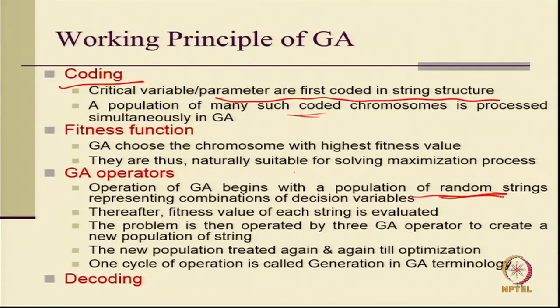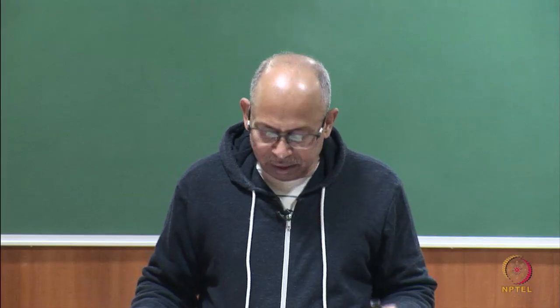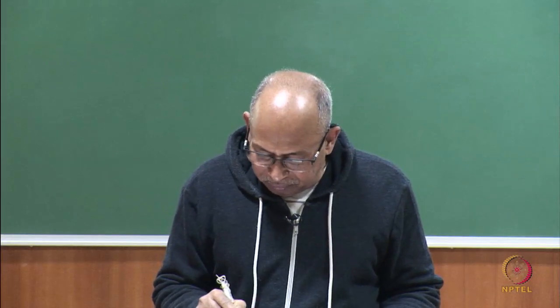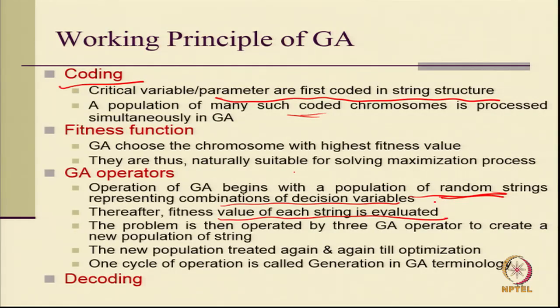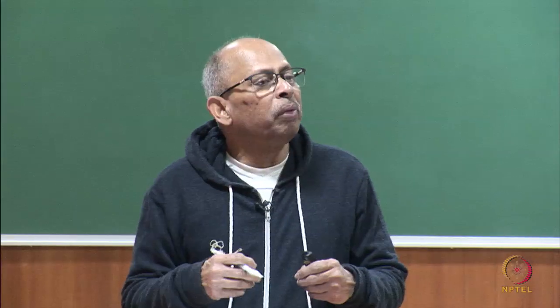So GA begins with a population of random strings representing combinations of decision variables. So a string represents a combination of decision variables, right. Thereafter the fitness value of each string is evaluated. Now with this case I can evaluate the fitness value through any one of my procedures.